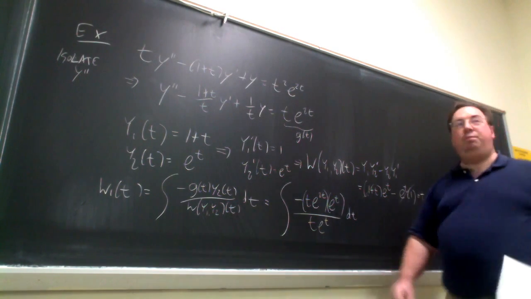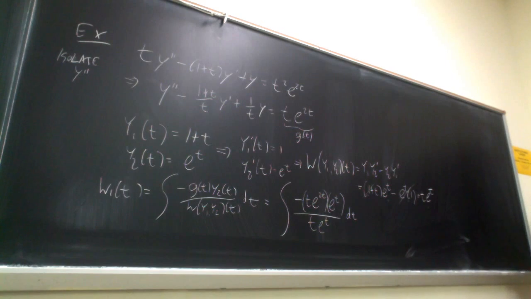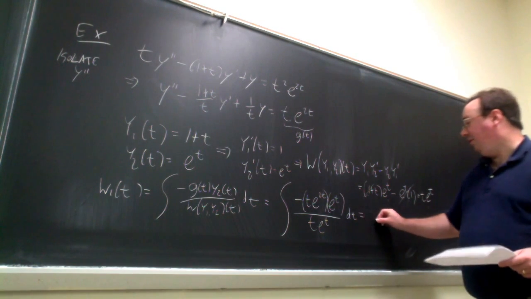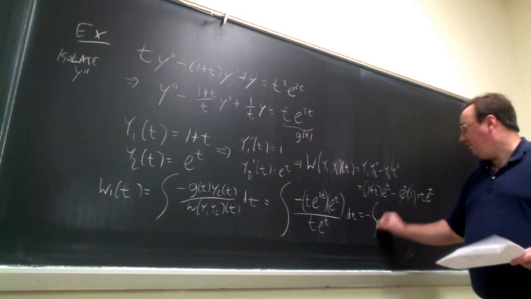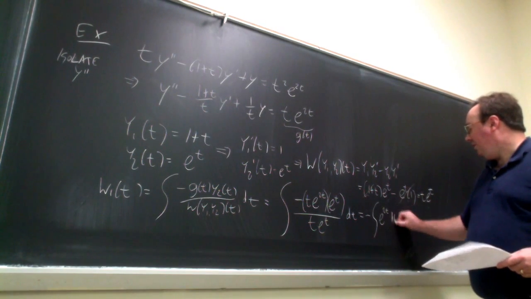Now what almost always happens in these problems when you set up these integrals, there tends to be a ton of simplification. We see things canceling out all over the place. So we have minus e to the 2t dt.